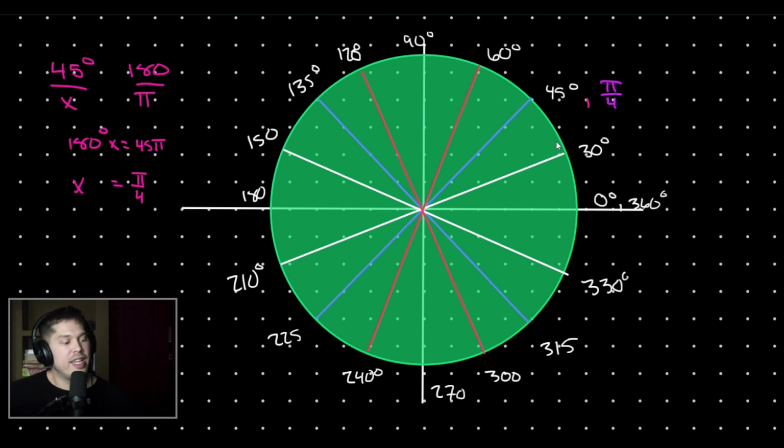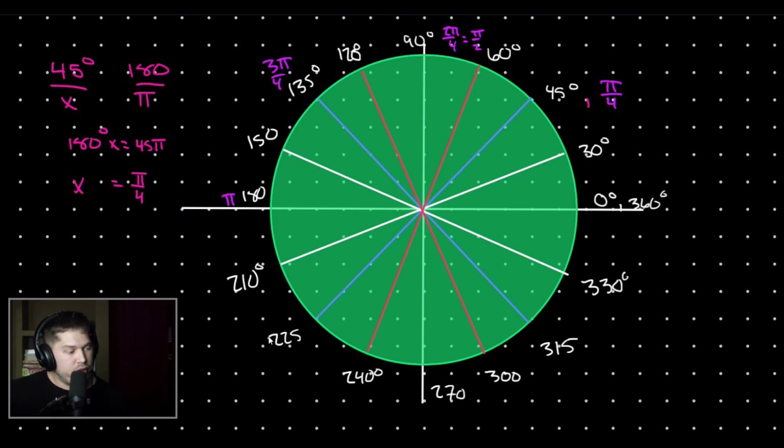So 45 degrees can also be written as pi over 4. And if 45 degrees is pi over 4, then an additional 45 degrees, taking us up to 90, is going to be 2 pi over 4, which of course simplifies to pi over 2. And then an additional 45 degrees will go to 3 pi over 4. And then 180 degrees will be 4 pi over 4, which simplifies down to pi.